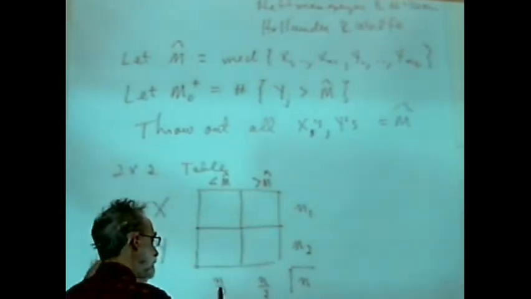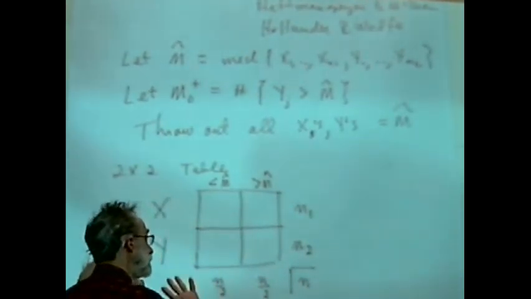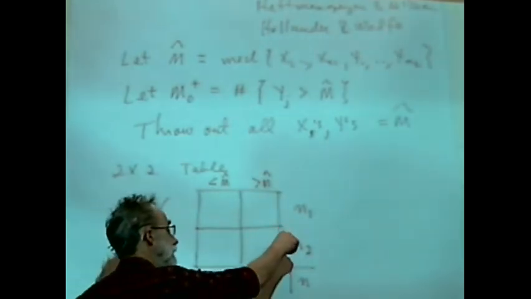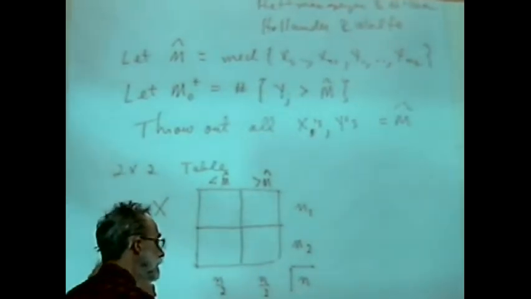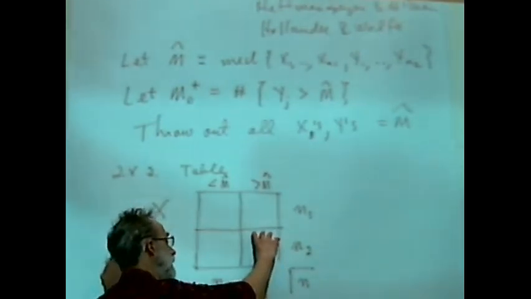The computer's going to do the margins. But let's assume that none of the values are equal to M hat. So this indeed will be n1 and n2. It's got to be, this is a combined sample size. So as soon as I stick in M0 plus, we're done. Now I can do all the computation.